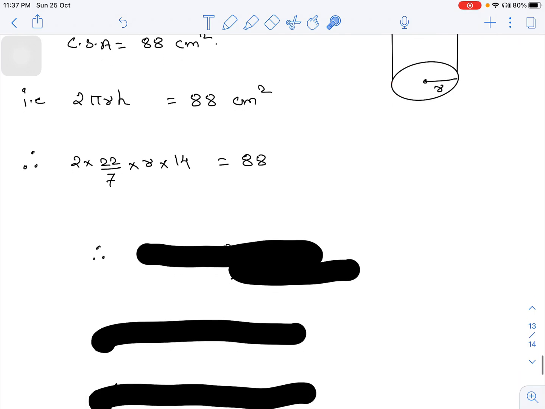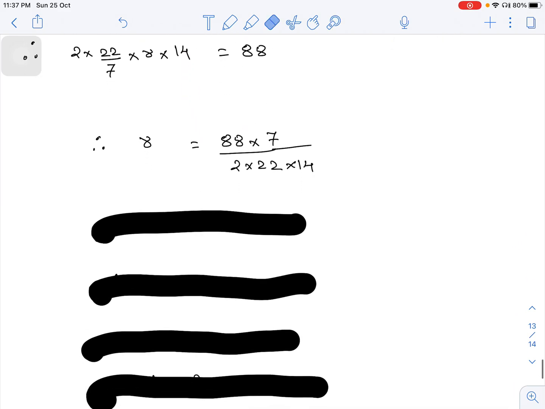Okay, now in the next step what we are going to do, we'll keep this r over here and all the remaining numbers on the other side. So 7 is dividing over here, on the other side it will go to the numerator. 2, 22 and 14 are multiplying, that is in the denominator. On the other side, 88 will be in the numerator, so we will get it in this way.